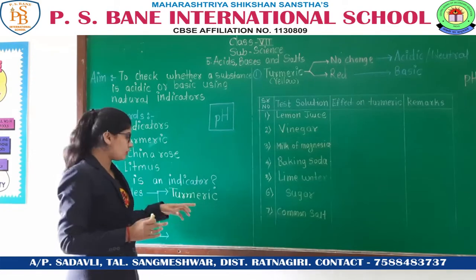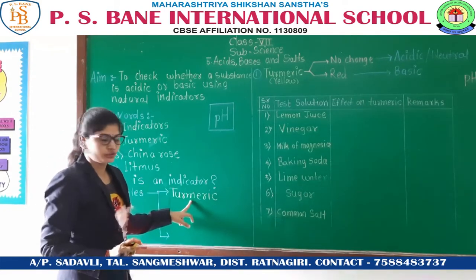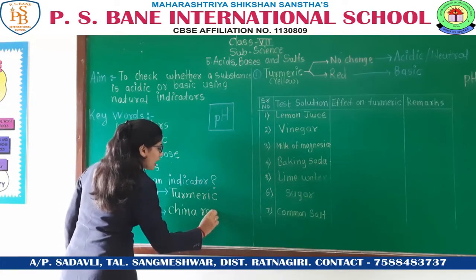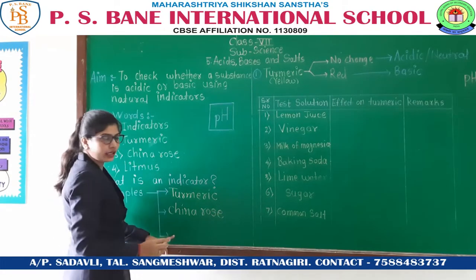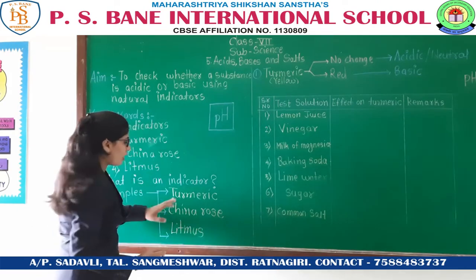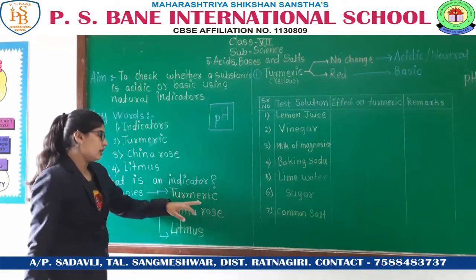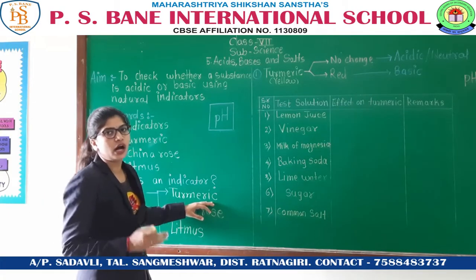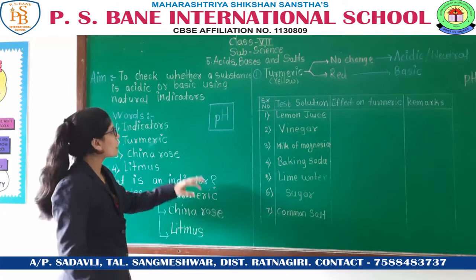So first we will start with turmeric solution, then we will learn China rose indicator, and third we will learn about litmus. One by one we will learn in detail about natural indicators and then we will do our test. Understood?